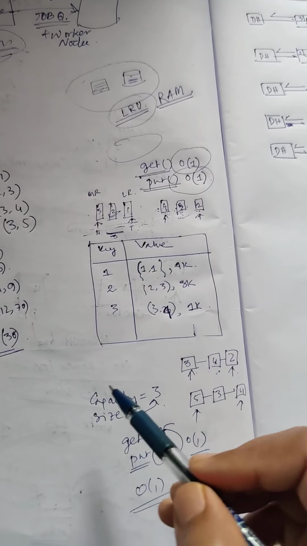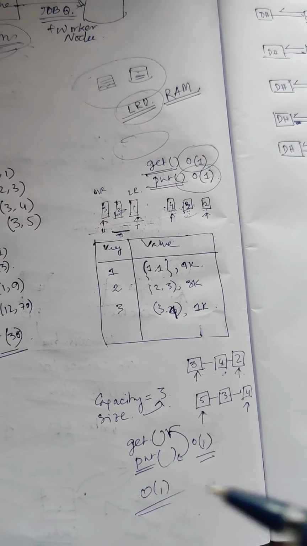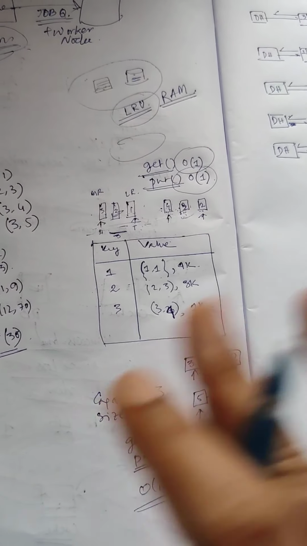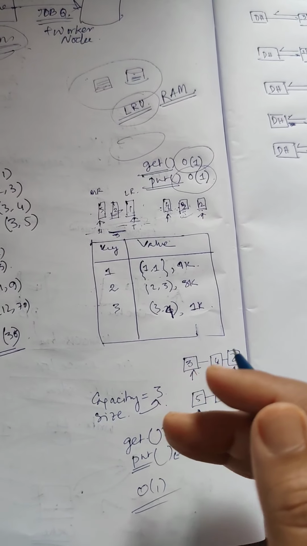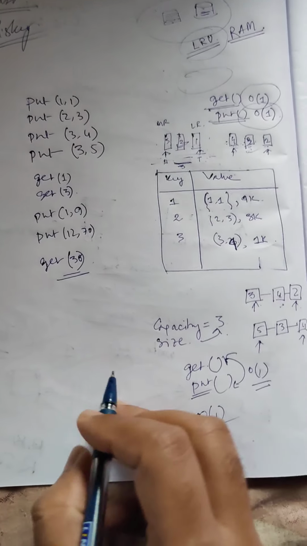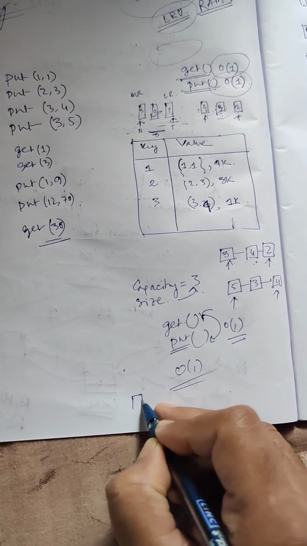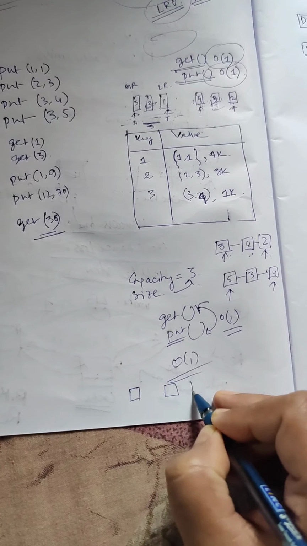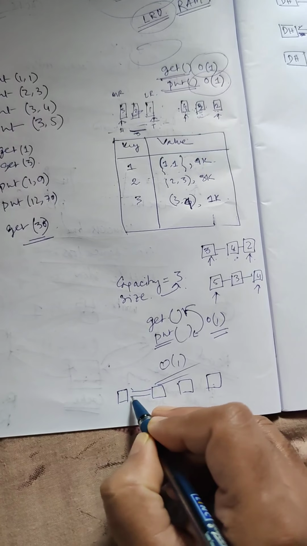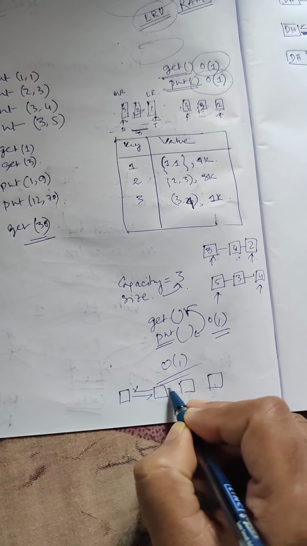But when you are adding something, deleting something, or bringing something to the front, these operations involve a lot of complexity. When you want to delete something from the beginning or from the end, a doubly linked list would play a great role.